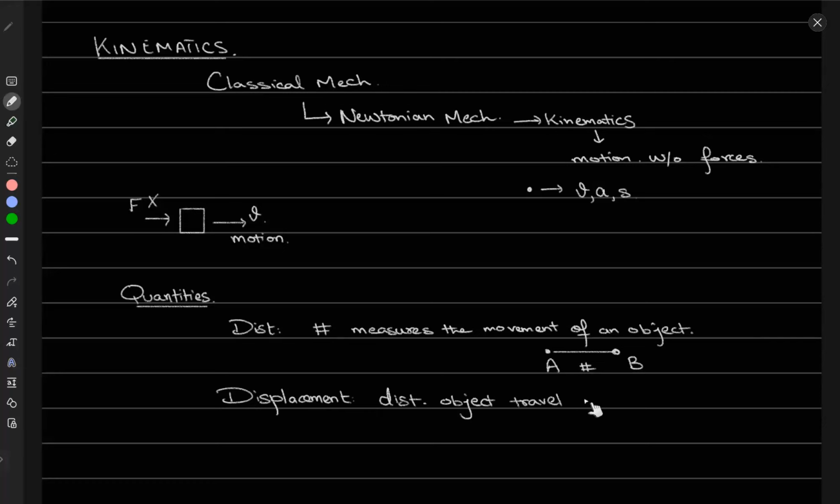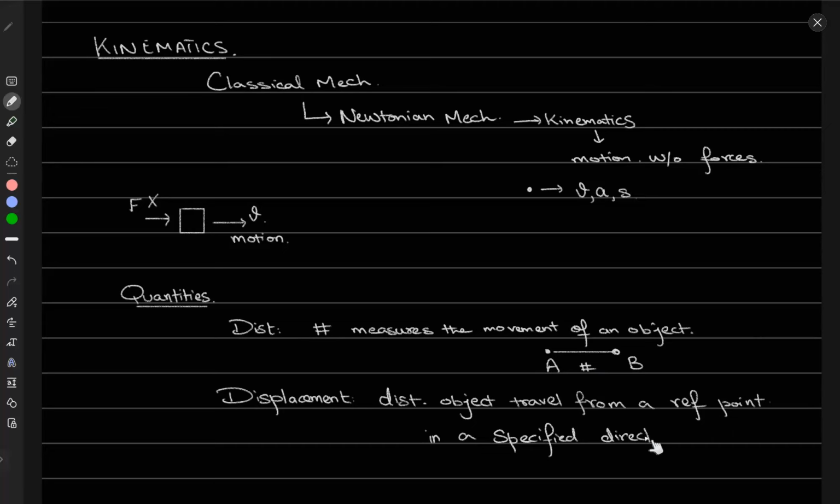You can choose a point A to be the reference, and then you record whatever distance the object travels. So it is the distance that an object travels from a reference point in a specified direction.